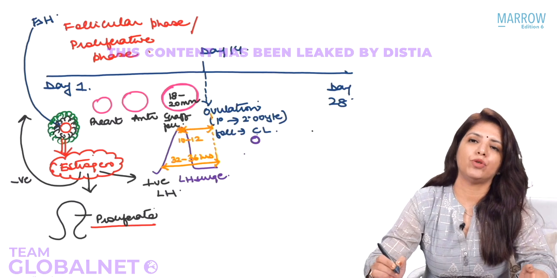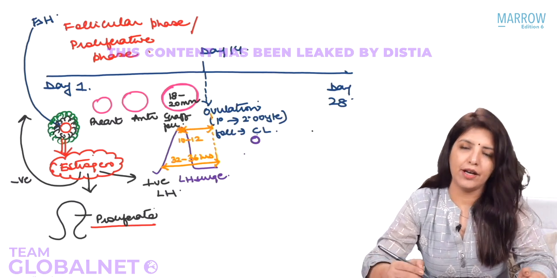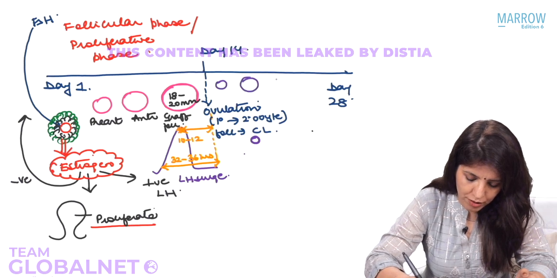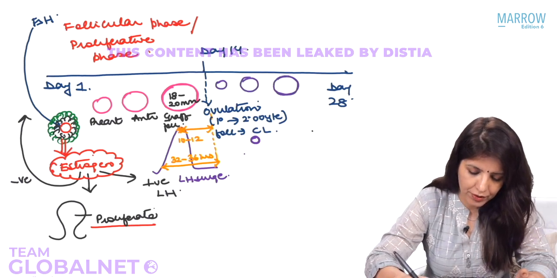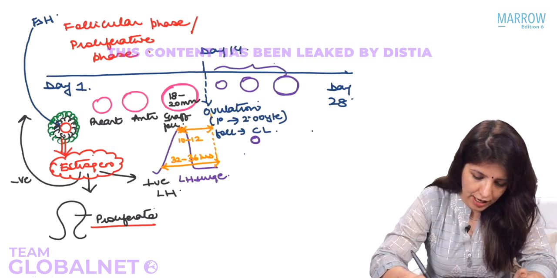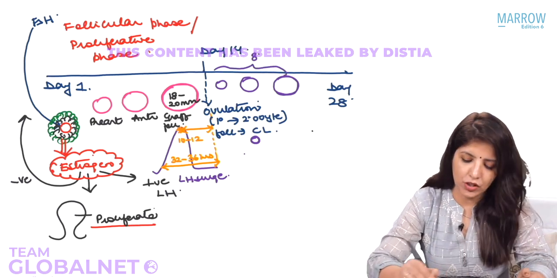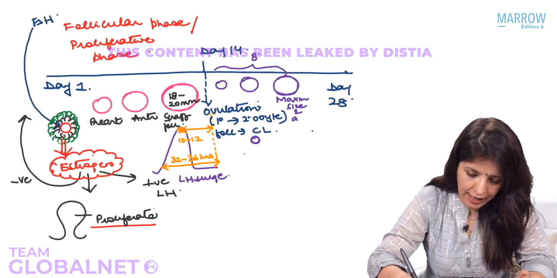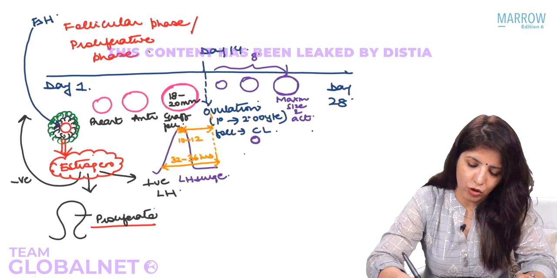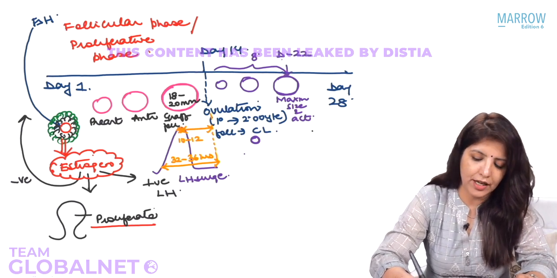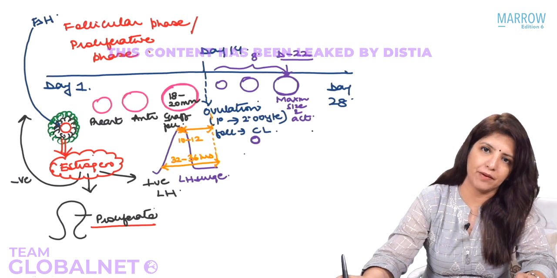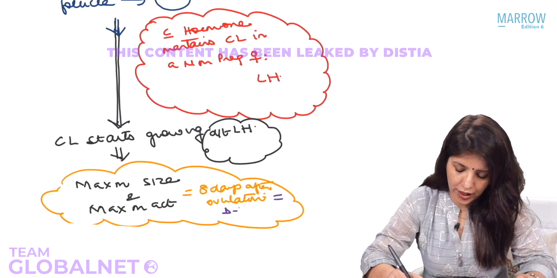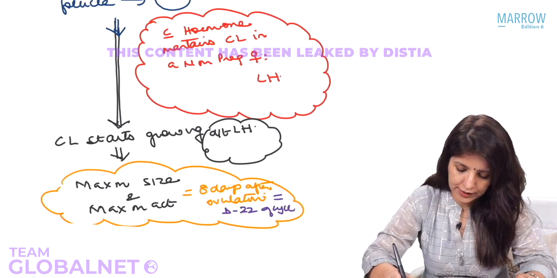Now I am telling you that under the effect of LH, this corpus luteum starts growing, and 8 days after ovulation, it has maximum size and activity. Now 8 days after ovulation means which day of the cycle? Day 22 of the cycle, right? So go back and write there, which is equal to day 22 of the cycle.